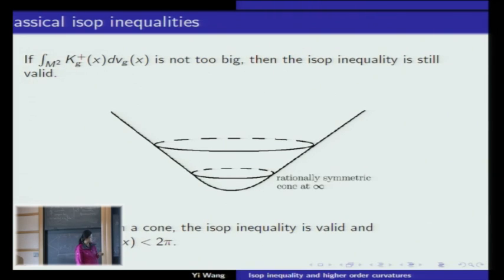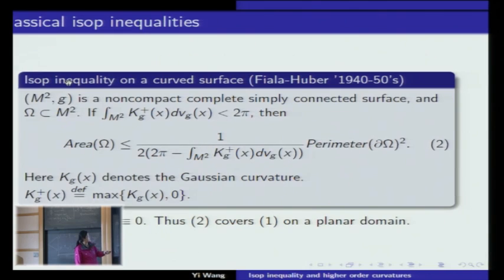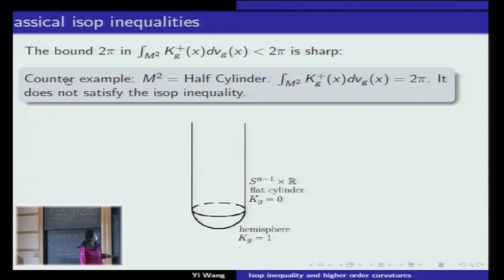Of course, this theorem says that not only for the rotationally symmetric case, in general this is also true. What happens when it's equal to 2 pi? When it's equal to 2 pi, you can construct this half-cylinder case in which one does not have the isoperimetric inequality anymore.